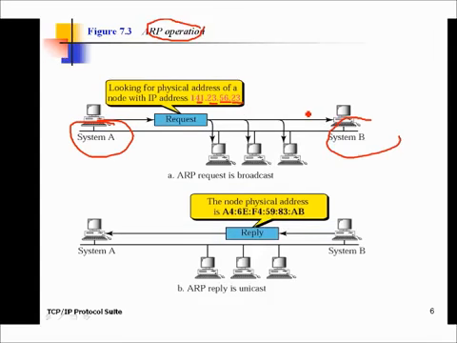System A needs to pass the packet to its data link layer for the actual delivery, but it doesn't know the physical address of the recipient. It uses the services of ARP by asking the ARP protocol to send a broadcast, as we can see here.